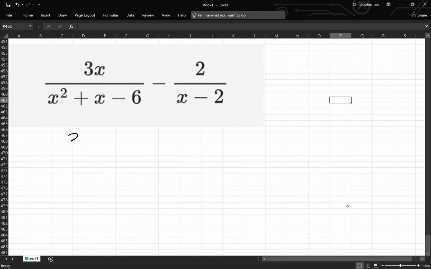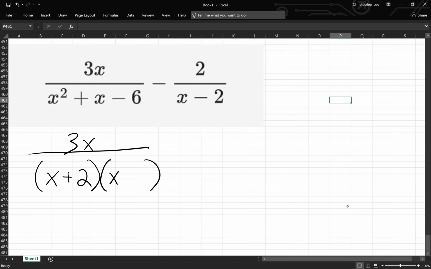So this is going to become 3x over what? Plus 1? X plus 2x minus 3.